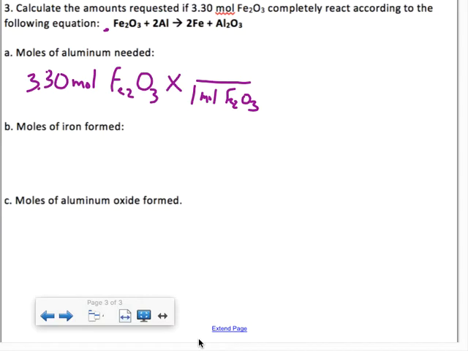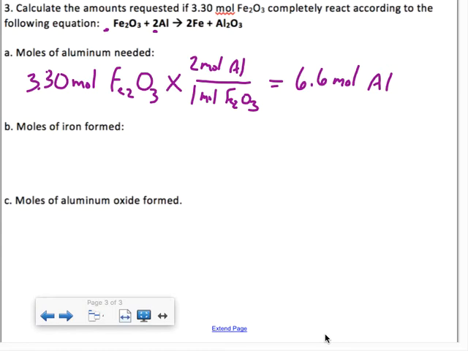So then what goes on top? The compound or element you're trying to get to, in this case, aluminum. So I look at my chemical equation, there's a 2 there. So I'm going to put 2 mole aluminum or aluminium, however you want to say it. So 3.30 times 2 divided by 1 gives me 6.6 moles of aluminum that is needed for this chemical reaction to completely react.